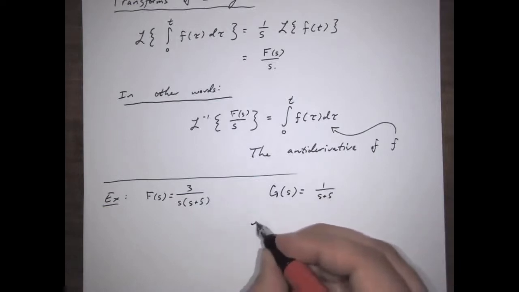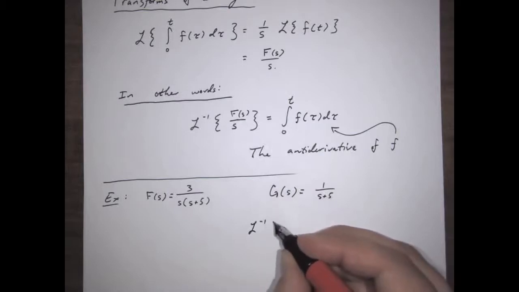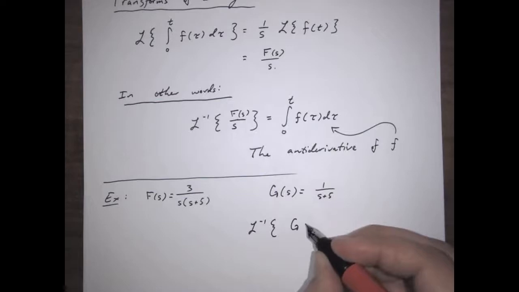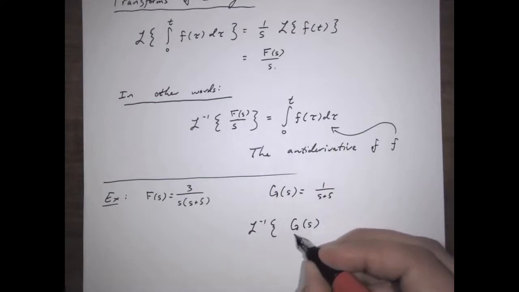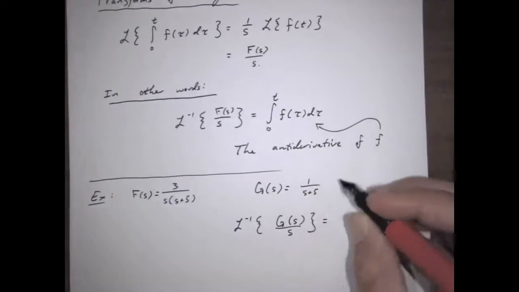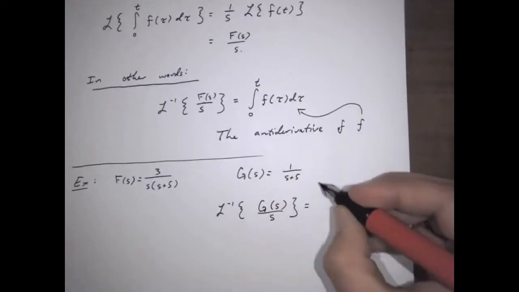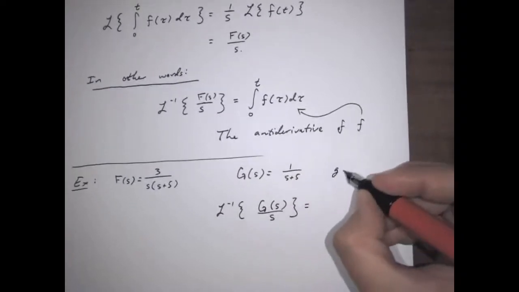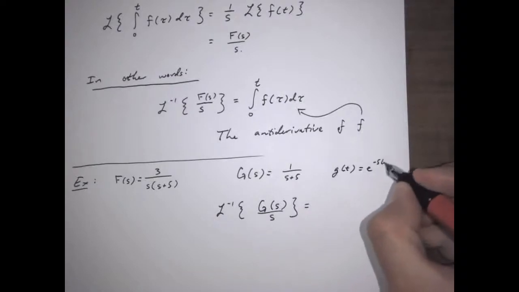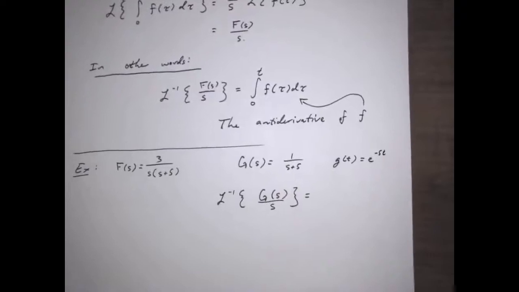So then the inverse Laplace of G of s divided by s would be, and notice that this would mean that g of t would be equal to e to the negative 5t. This is a famous one.